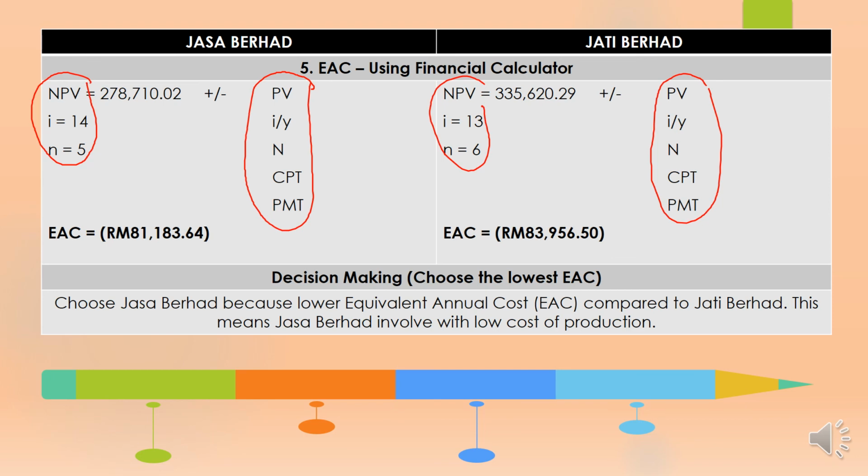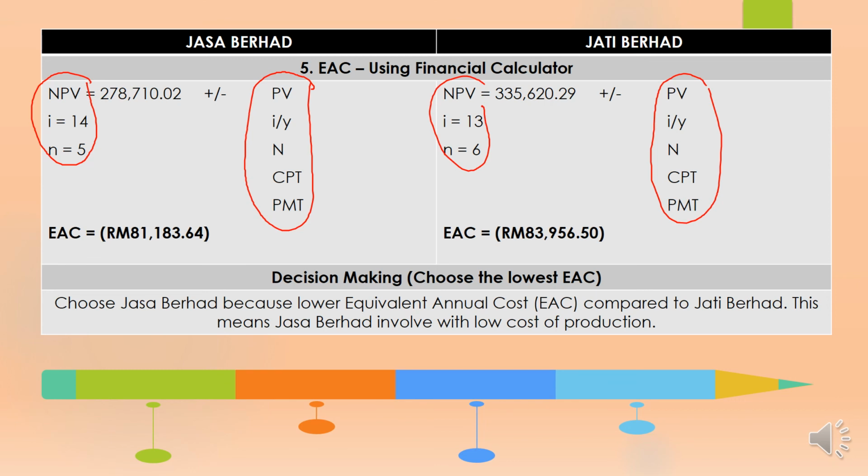Then press the PV button, and I is 13, button IY, and N is 6 years. Press the N button on the financial calculator and then compute PMT. You will get the answer for Jati Berhad in terms of EAC, which is 833,956.50 ringgit.